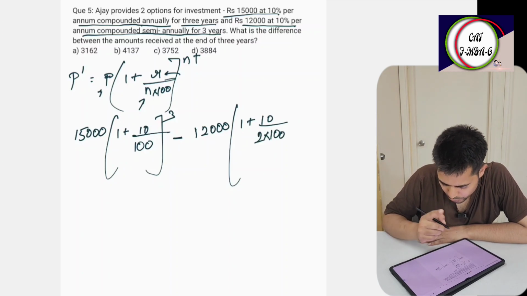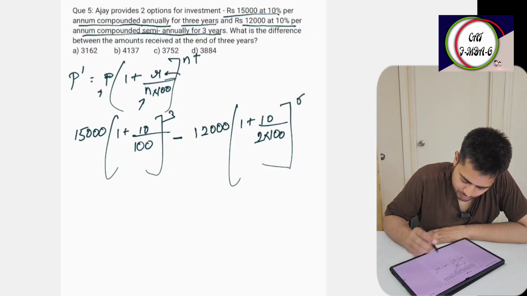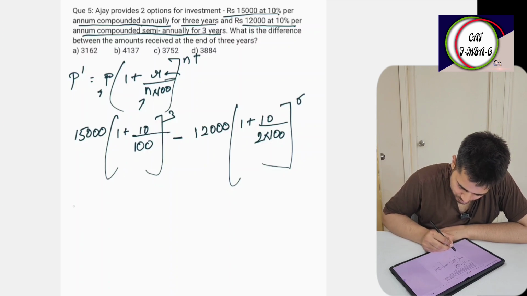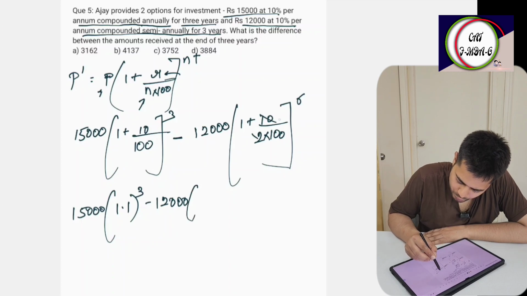Why have we taken N is equal to 2? Because it is compounded semi-annually for 3 years. So 2 into 3, it is going to be 6. So it is 15,000 into 1.1 to the power cube, minus 12,000 into 1.05 to the power 6.